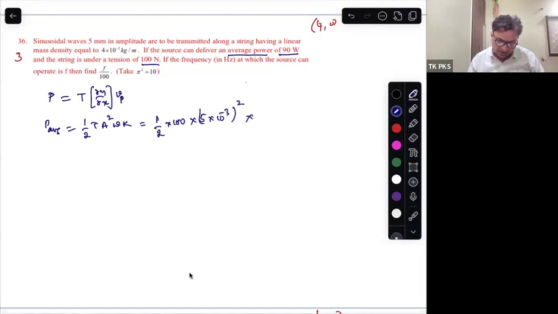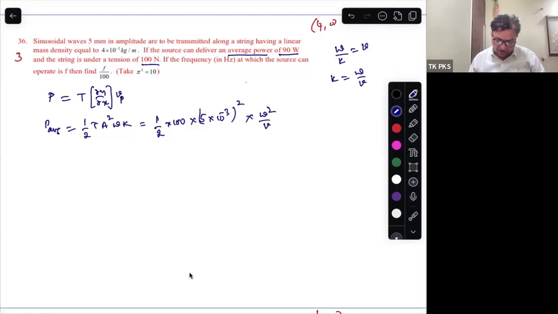Omega we need to find. Omega K you can modify. Omega by K is V. Where there is K, you can write omega by V. So therefore, this can be written as omega square by V.